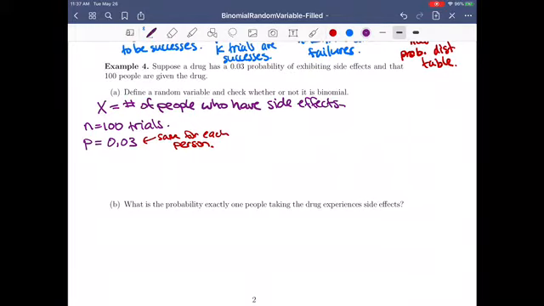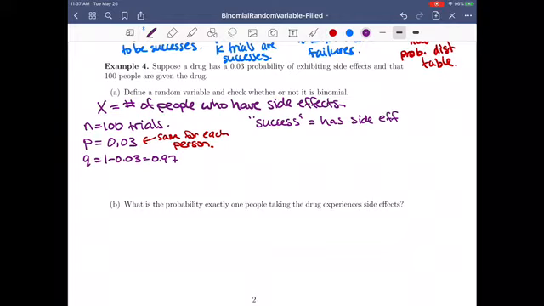Okay, so that means I'm going to have independent trials. q is going to be 1 minus 0.03, or 0.97. Success is going to be has side effects, so X is counting the number of successes. Failure is actually a good thing here; it means no side effects.